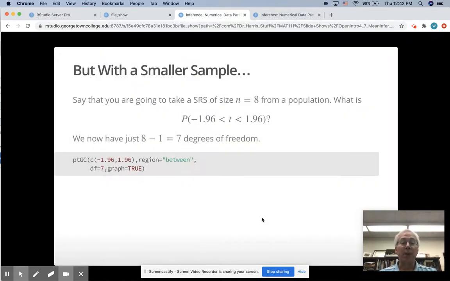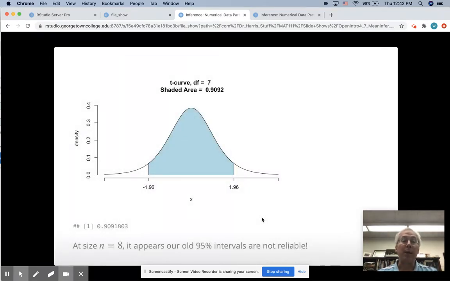However, if we had a much smaller sample size, say sample size 8, with 7 degrees of freedom, we would not be computing anything remotely close to a 95% confidence interval. It looks like we would be computing about a 91% confidence interval. And so we shouldn't be using 1.96 for our multiplier for confidence intervals with sample means, because we're not going to get quite 95% confidence.